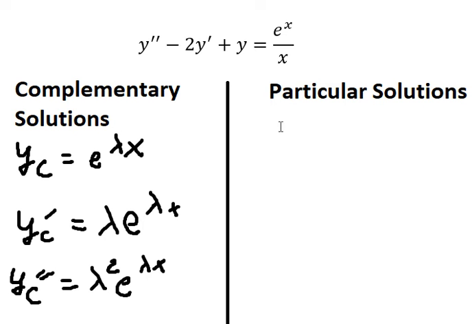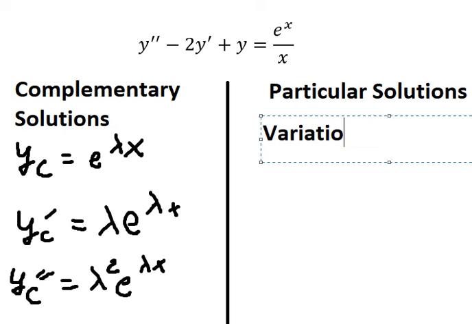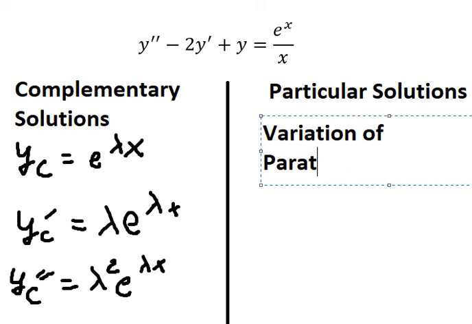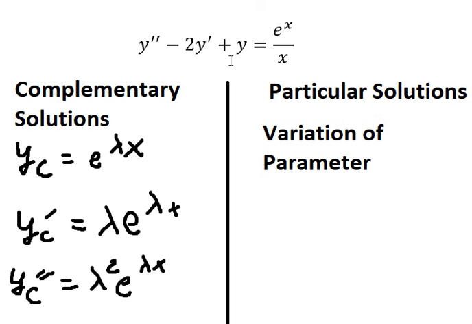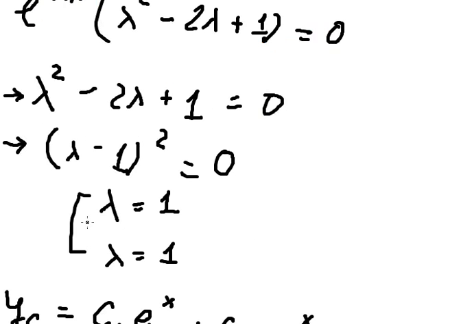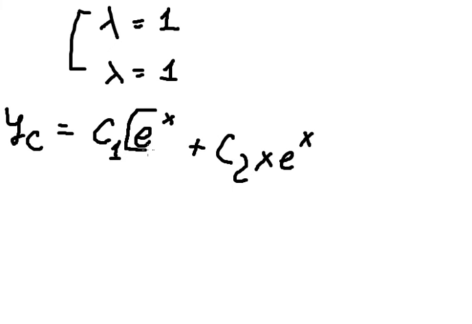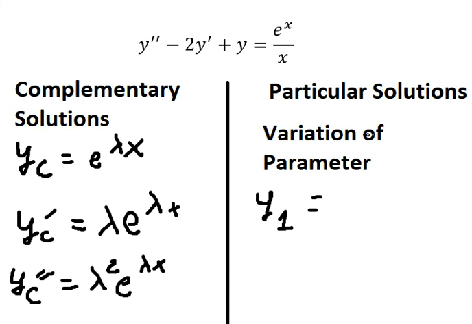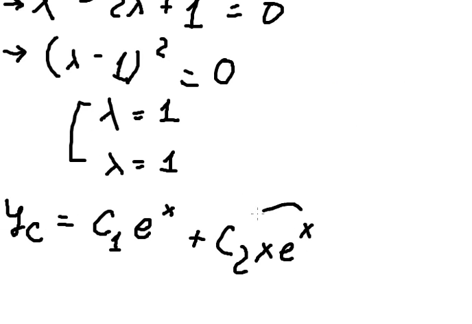In this one, I need to use variation of parameters. So I will put y1, that is e to the power of s, and y2, that is this one.